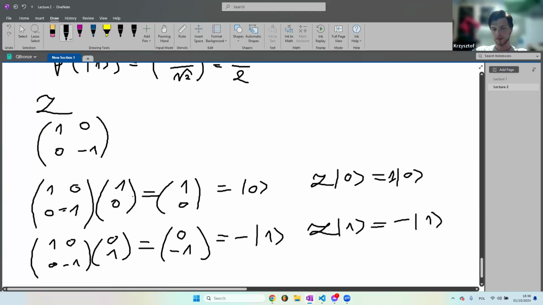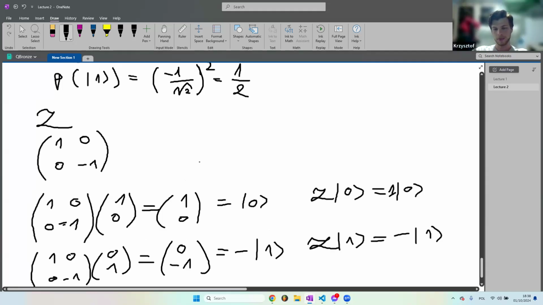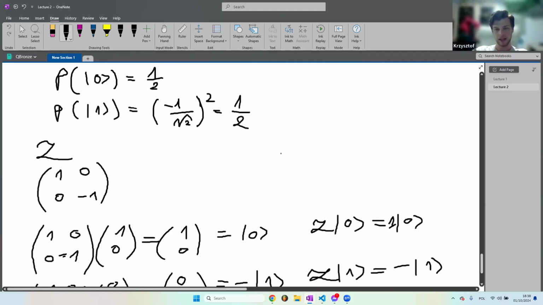I think the best way to interpret why we have a minus in here is to talk about the spins of an electron. An electron can have a spin of 1/2 and -1/2, which is either aligned with the magnetic field or anti-aligned with the magnetic field.